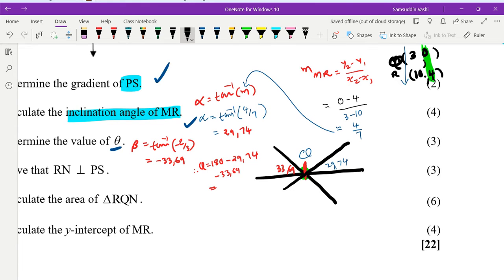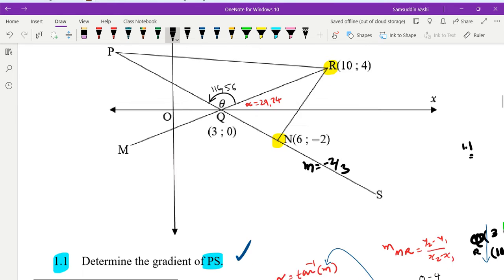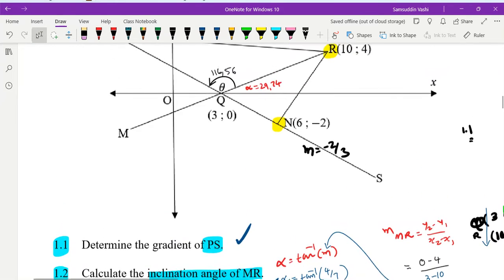How much? 116.57. It looks like an obtuse angle. And we got the answer, obtuse angle. How much is it? 116.57. Okay, doesn't matter. 57.